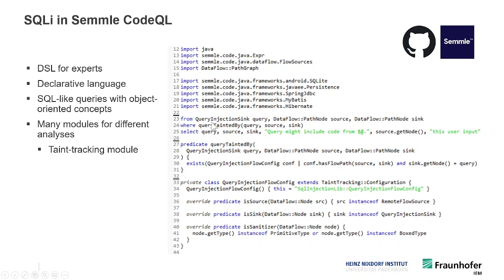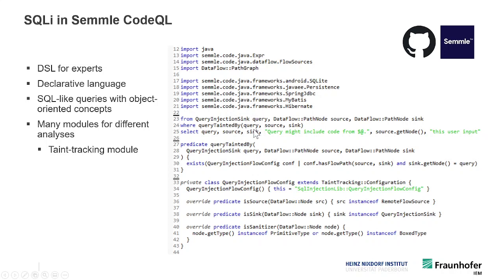We have a from part where you can define objects, and these can be of different classes, and you see we are using different predefined classes. We have a class that models a path node, and we will need two of them, one for source and one for sink, so we can have two objects of this type. Then we can have a specific type of sink, which is modeled by this query injection sink class.